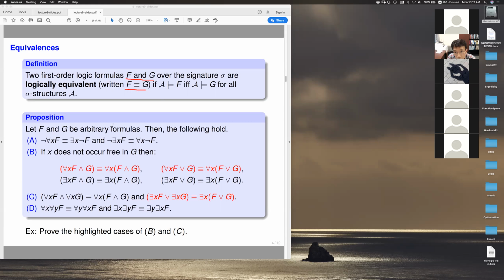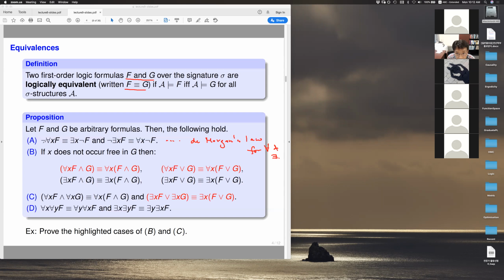And then the proposition says there are a bunch of equivalences that we can use, and we will actually use them when we design a normalization algorithm. The first kind of equivalence is essentially a generalization of De Morgan's law, which I think you already know.